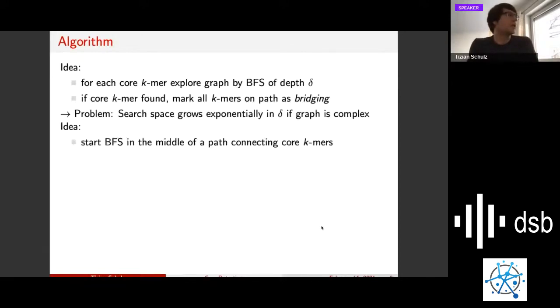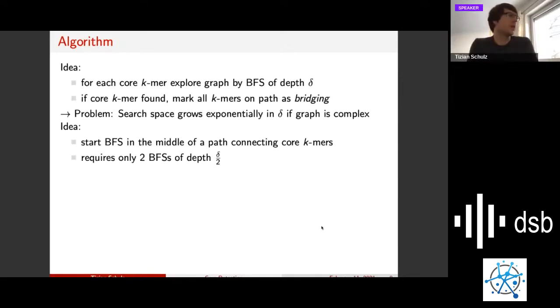To improve this situation, what we could do instead is not to start the path traversal at the beginning of a path, at a core k-mer, but in the middle of a path. Then we would have to do two BFSs to both sides from the middle, but both have only a depth of delta over 2.